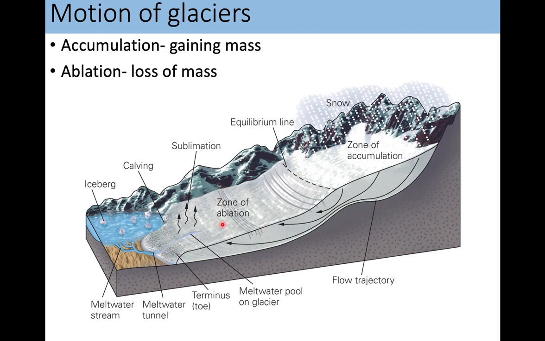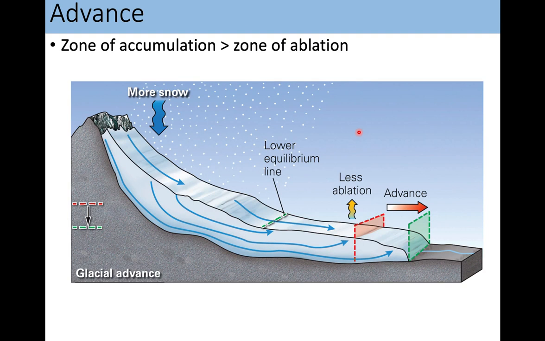Ablation is loss of ice. Accumulation is gain of ice. So when our glacier is advancing, this means that the zone of accumulation is greater than the zone of ablation, meaning we are gaining mass more than we are losing mass. So we have a lot of snow, we're not losing much, so the front of the glacier is actually going to advance.